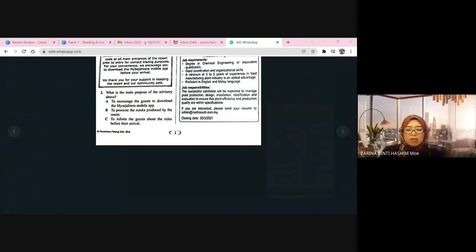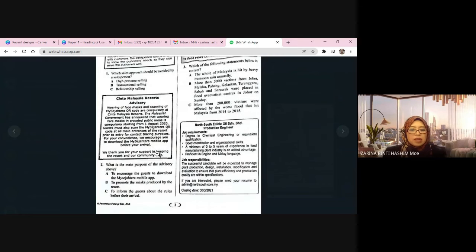Let's check. Wearing of face mask. Wearing of face mask and scanning of MySejahtera QR code are compulsory at Cinta Malaysia Resort. The Malaysian government has announced that wearing face masks in crowded public areas is compulsory starting from 1st August 2020.